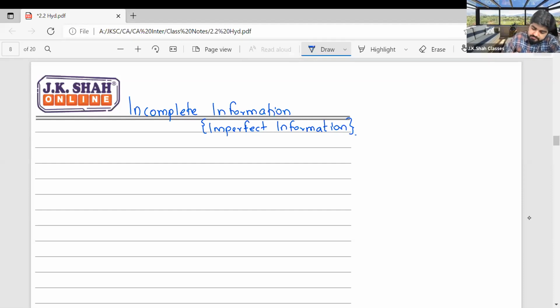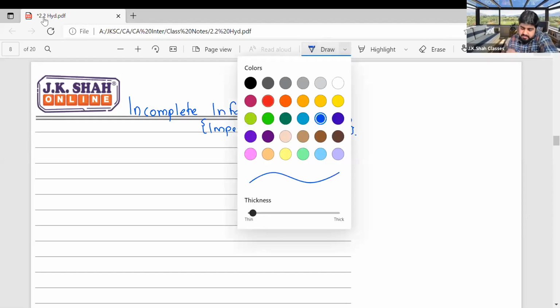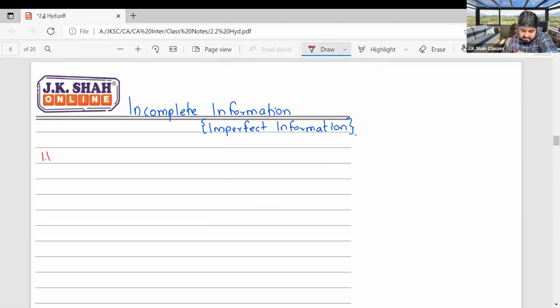Now, there are three things which we need to understand. First one is called asymmetric information. Now, what is the meaning of asymmetric information?